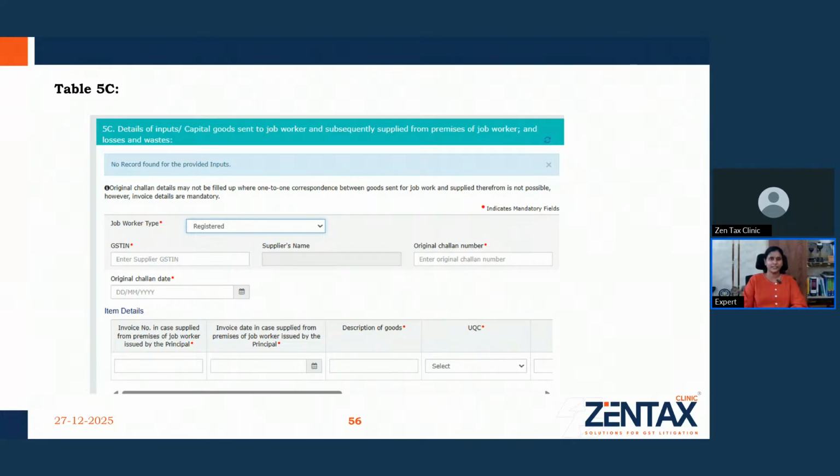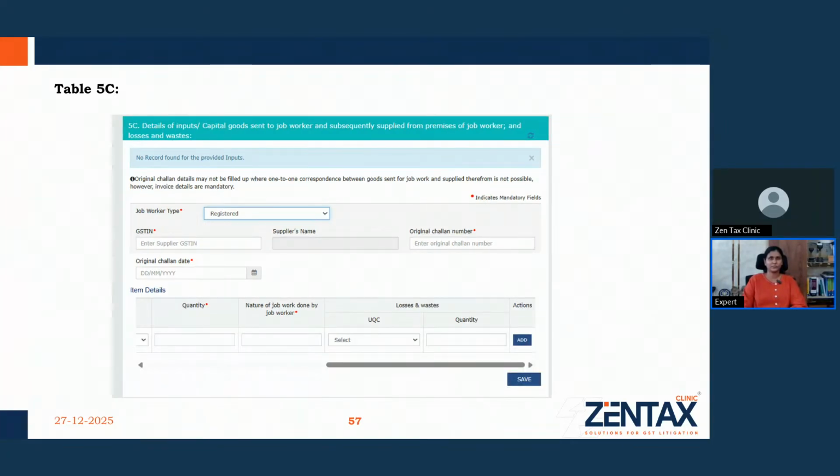Then the description of goods and the quantity of goods should be mentioned. Here also we need to mandatorily mention the nature of job work undertaken by the job worker. If there are any losses and waste, we need to mention those fields also.